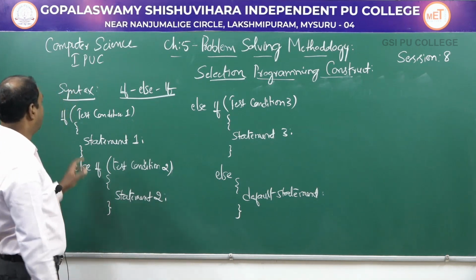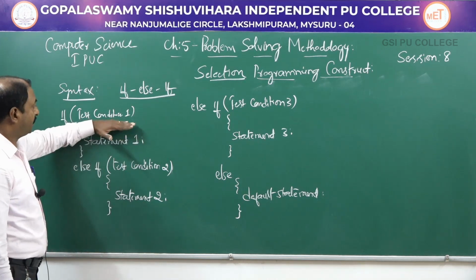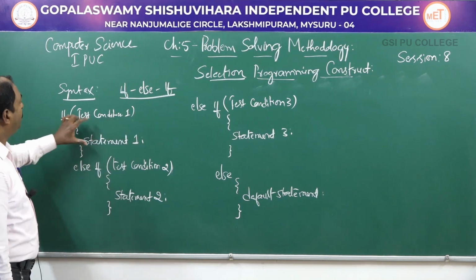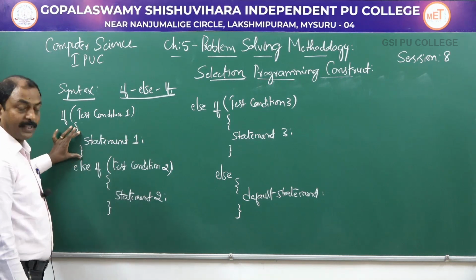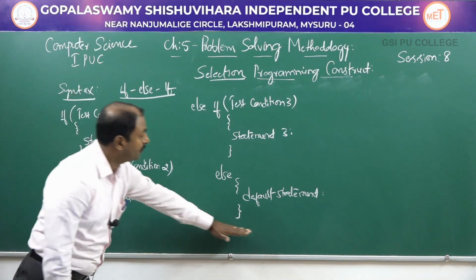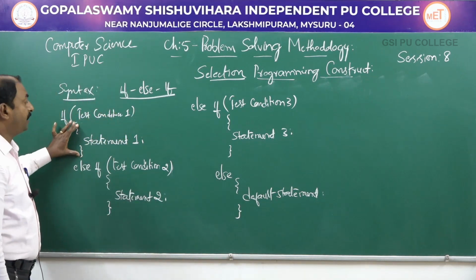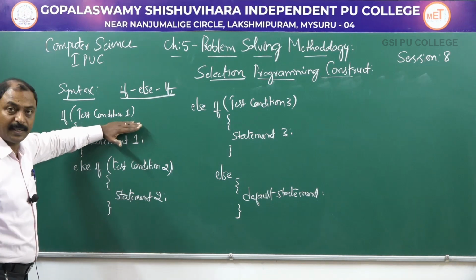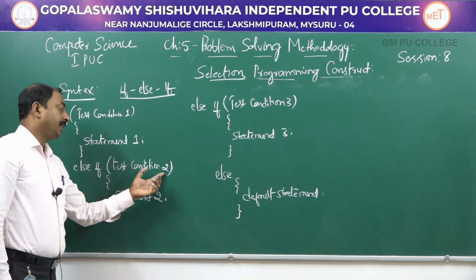For that we are using the syntax if test condition. This is first condition, again the condition is true or false. So if test condition is true, it executes the statements and comes out of if else if construct. If test 1 condition fails, then it skips to second condition, that is test condition 2.